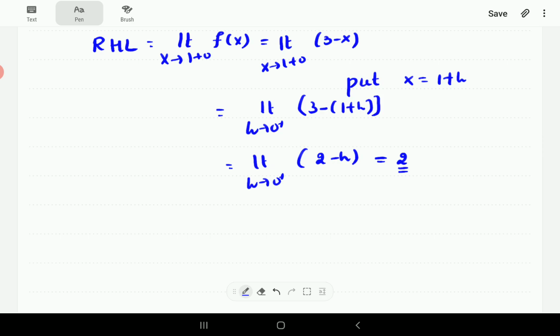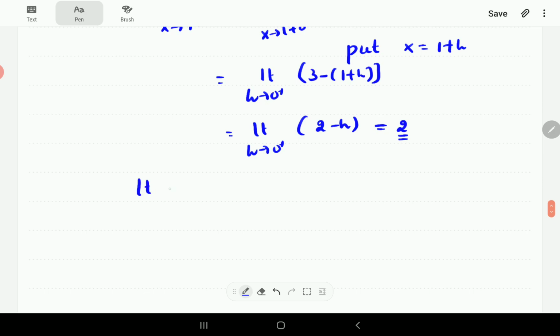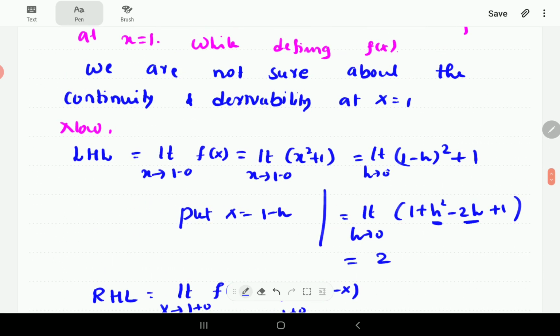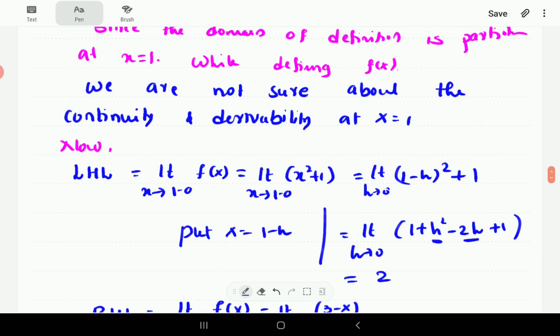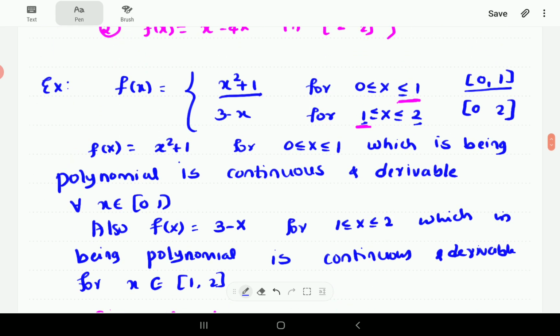So hence LHL and RHL both are equal to 2. Let me check the value of the function at x equal to 1. Putting x equal to 1 in the part for less than or equal to 1, we have 1 square plus 1, which is equal to 2.